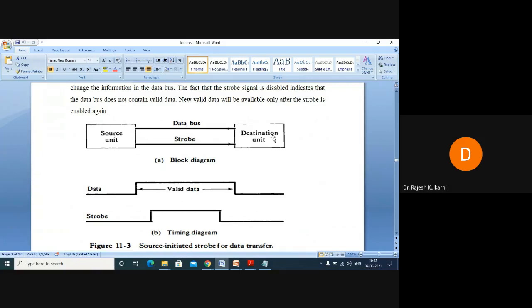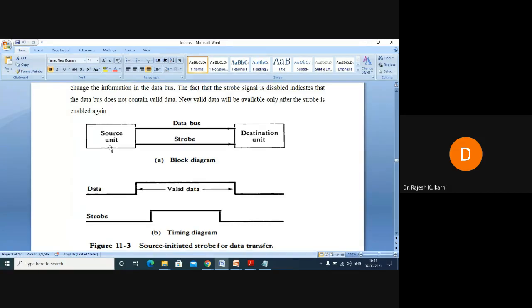Both the source and the destination can send data to each other, but both are using their own private clocks. So the data transfer is asynchronous. So for asynchronous data transfer, to bring synchronization, basically we use a strobe control.